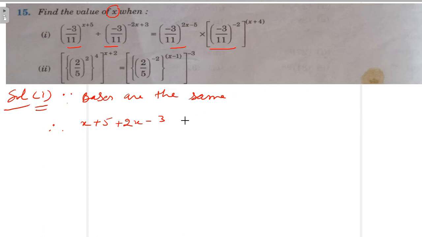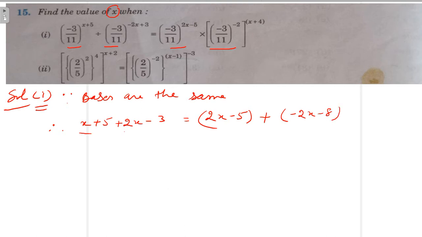So here this is multiplication, so no problem. 2x minus 5 we can write it, and multiply this by this, so then it would become, while doing multiplication powers are added, so this will become minus 2x and 4 into 2 is 8. This will become minus 2x minus 8.